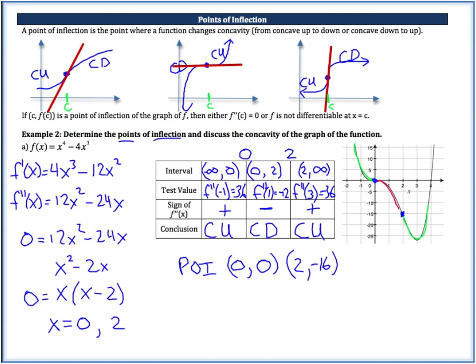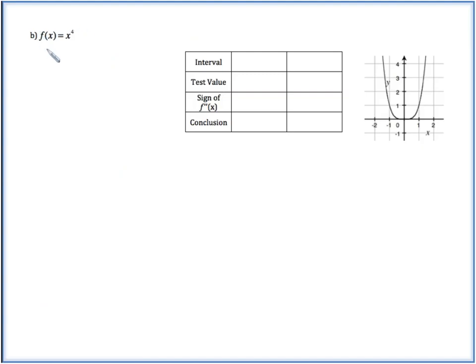All right, let's try our next example. Here we have x to the 4th. If we want to determine the points of inflection, f prime of x is 4x cubed, and f double prime of x is 12x squared.